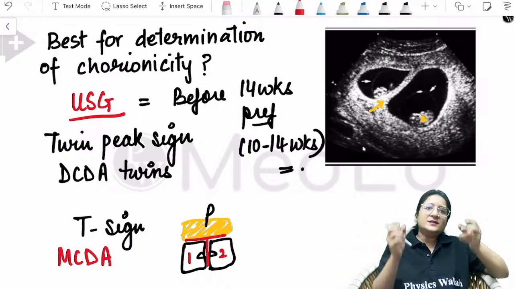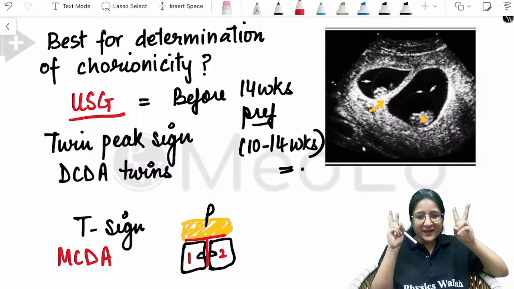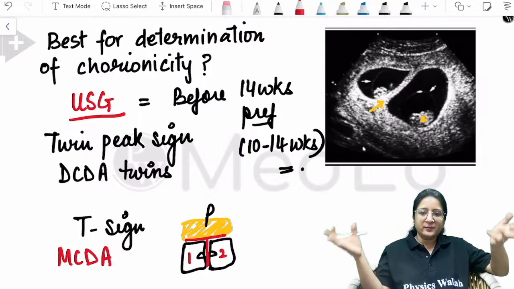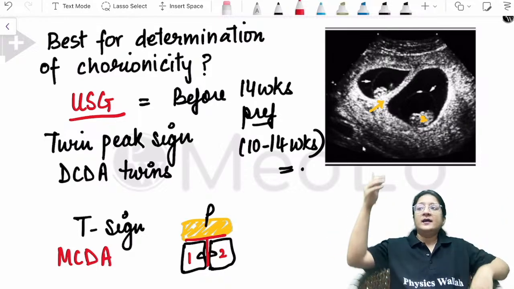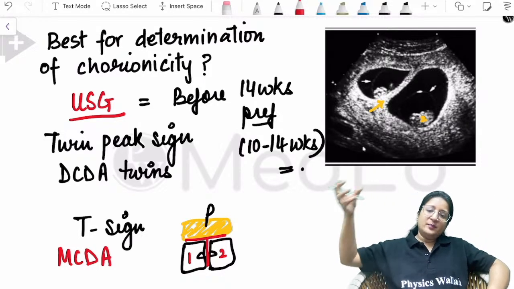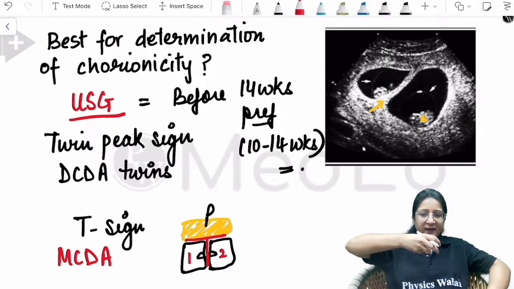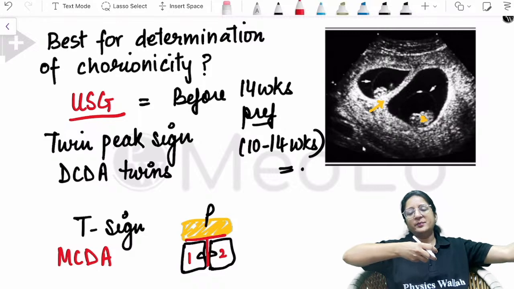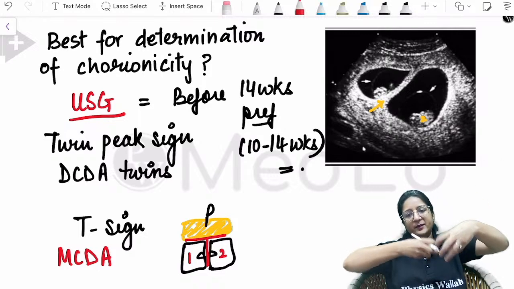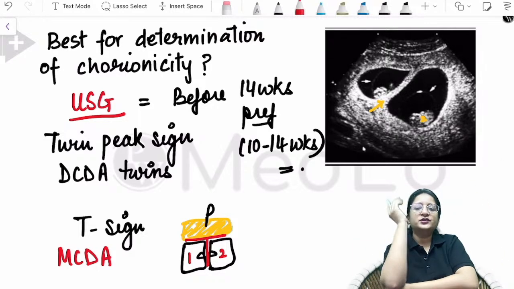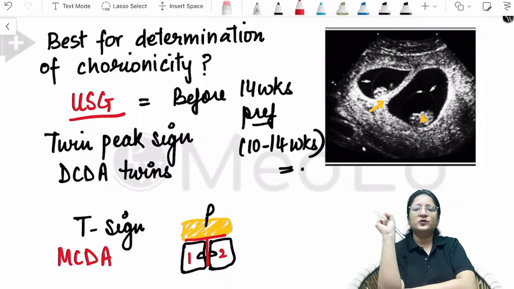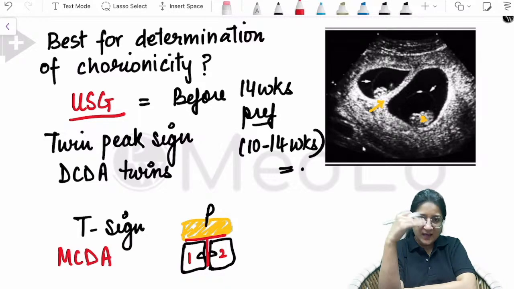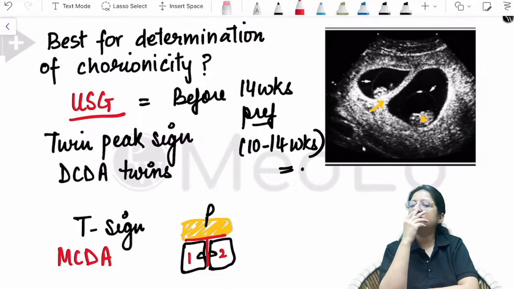Basically it is fertilization of two separate eggs in two separate menstrual cycles, meaning that one fertilization happened, one implantation happened. Then a month later another fertilization happened and another implantation happened, because there is a potential space in the uterine cavity, the decidual space, up till about 14 to 16 weeks of gestation.